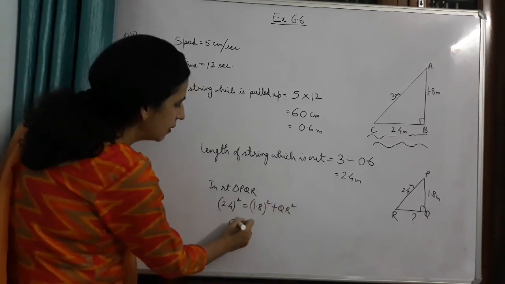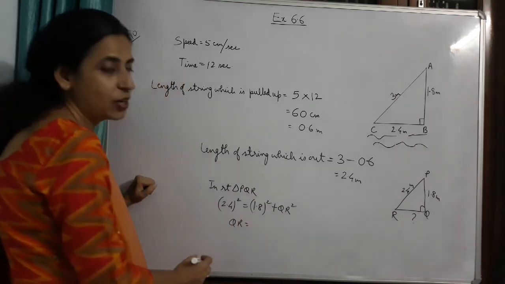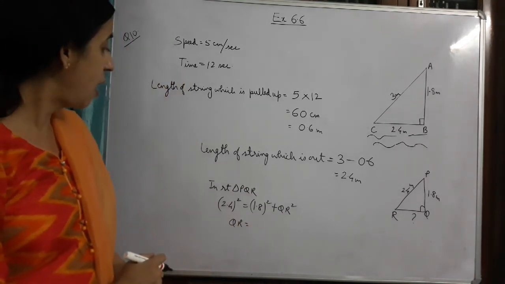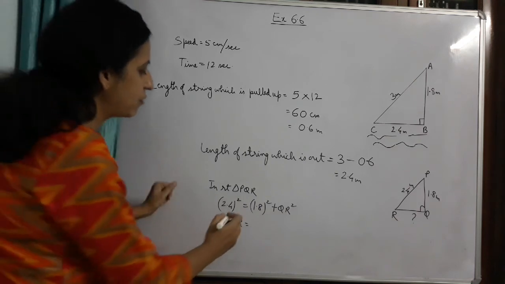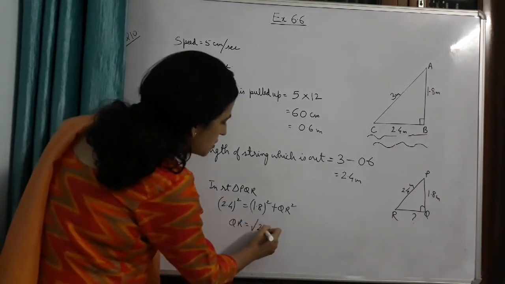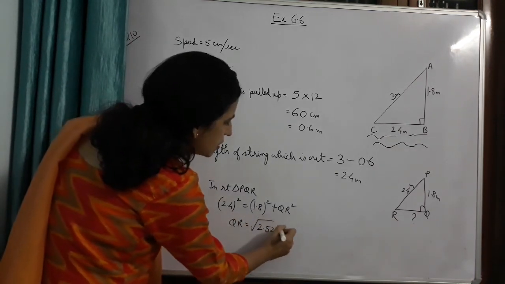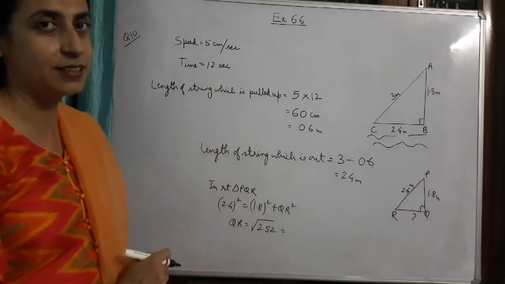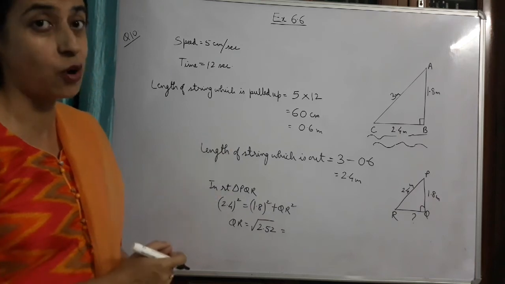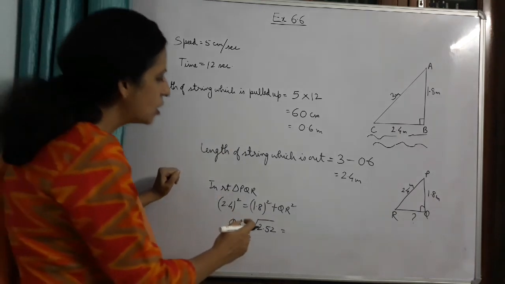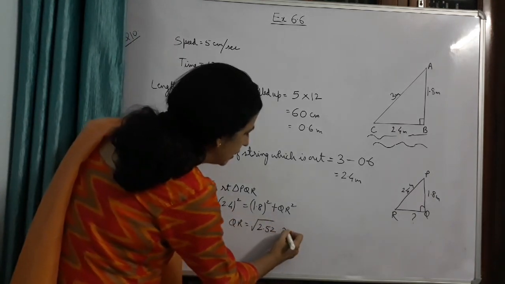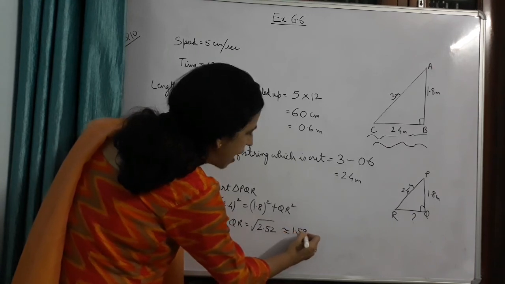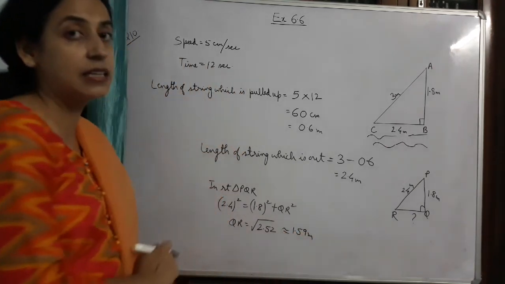So from here QR square comes out to be 2.52, or QR comes out to be under root 2.52. Now you know how to calculate the square root by long division. You have already studied in class 9. So this comes out to be nearly 1.59 meters. But this is not the answer.